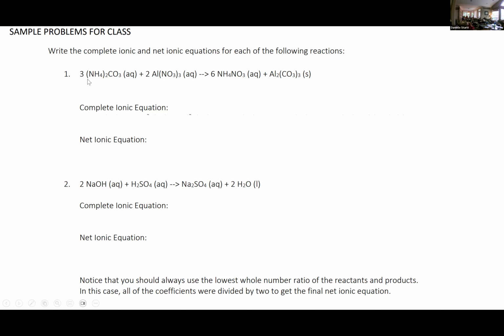So you're breaking NH4, 2 from your carbonate, aluminum, nitrate. And this tells you already what its state is. So you know this is going to be your precipitate, right?